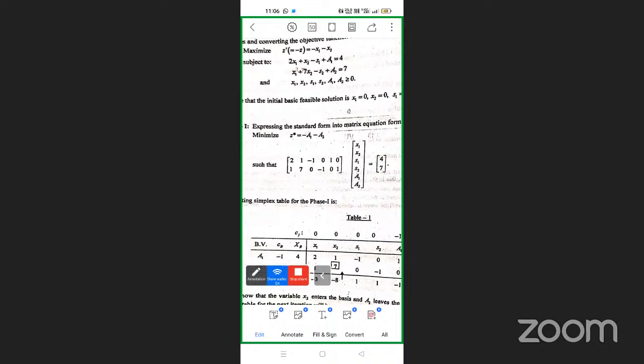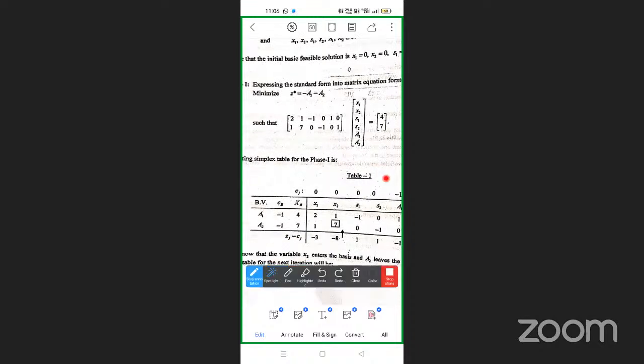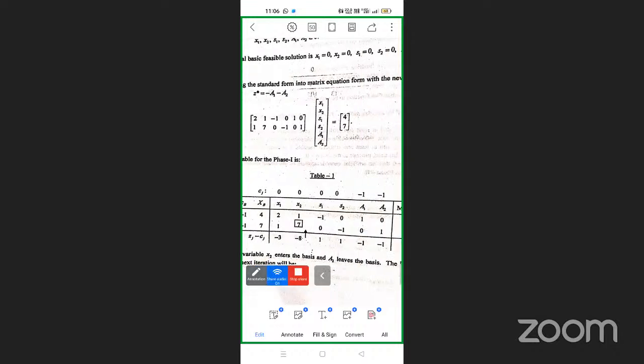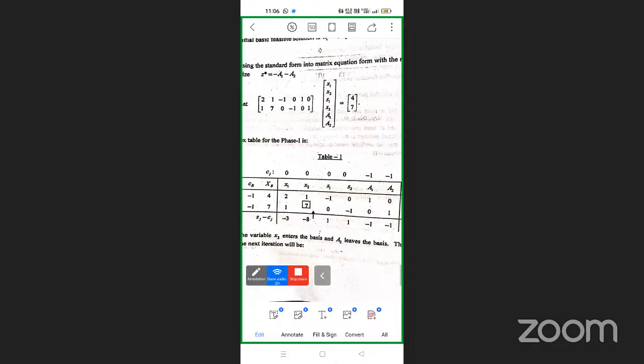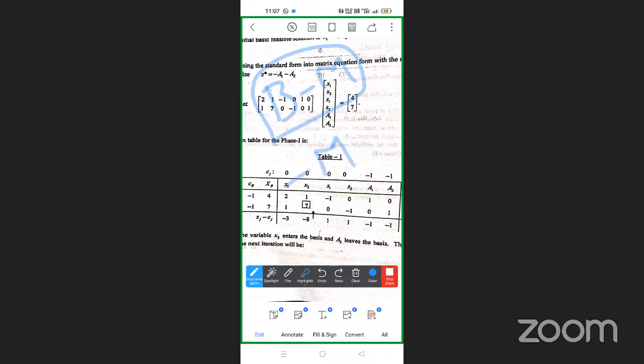In the phase 1 simplex table, in matrix form, the first equation coefficients and second equation coefficients, with XB equal to 4, 7. The basic variables are always the artificial variables a1, a2. In the big M method, we add minus M coefficients in the objective function, but in the two-phase simplex method, we add minus 1.